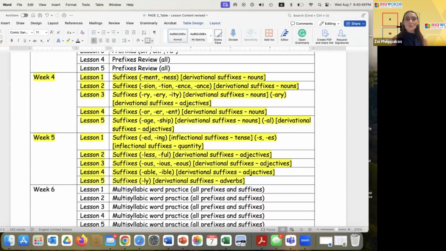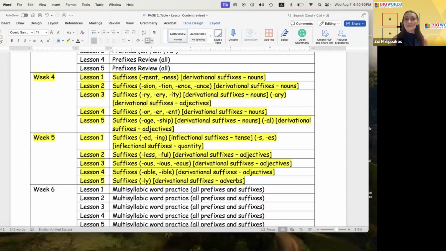Again, looking into our lessons, you will notice that we have grouped suffixes, and we have identified them as derivational or as inflectional. And we have provided this information in your table of contents and in the lesson, so that it will be part of the explanations that the teacher will provide. You will also notice that we are devoting 2 weeks to the instruction of suffixes.